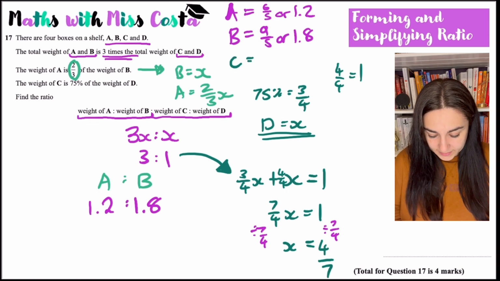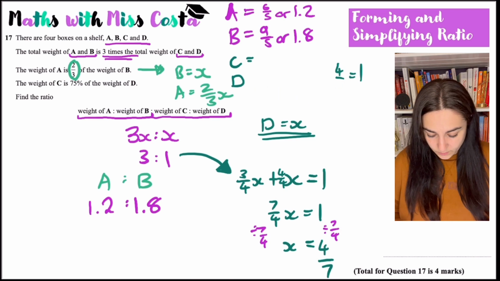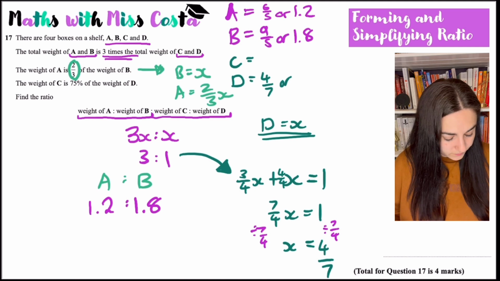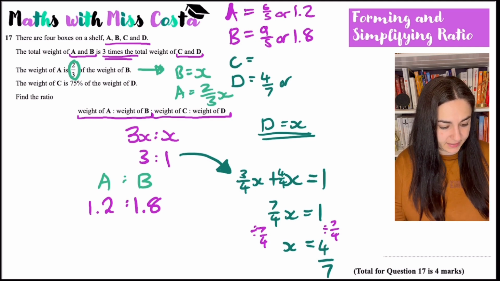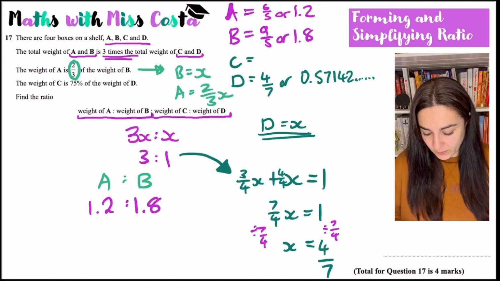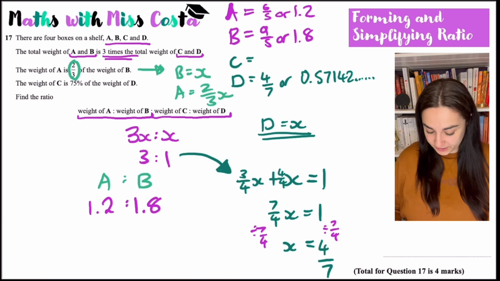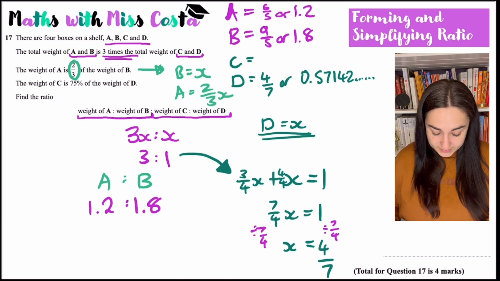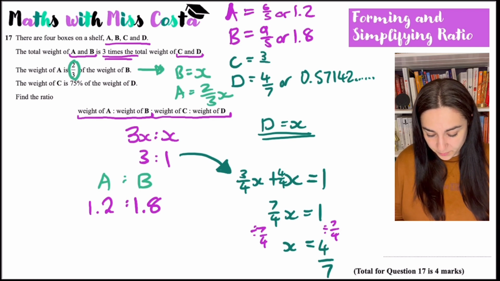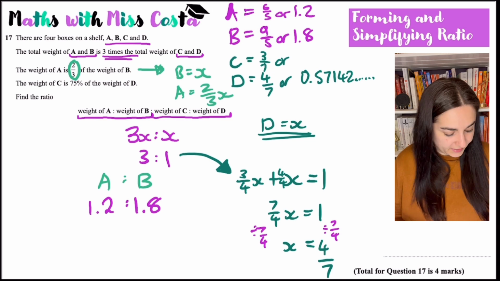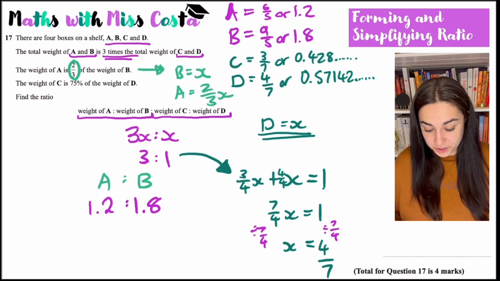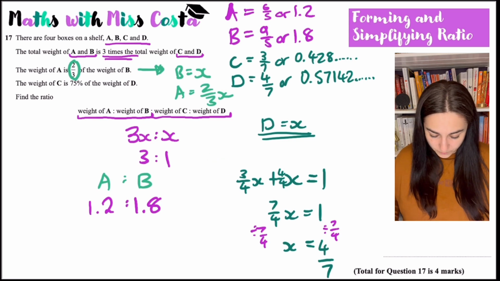So D must equal 4/7, or if I type that into my calculator, 0.57142. It's not a nice easy decimal, so I'm going to leave it in fraction form. And then 3/4 of 4/7 is going to give me 3/7. And once again, that's probably going to be a long decimal. So I'm going to choose to keep this in its fractional form.